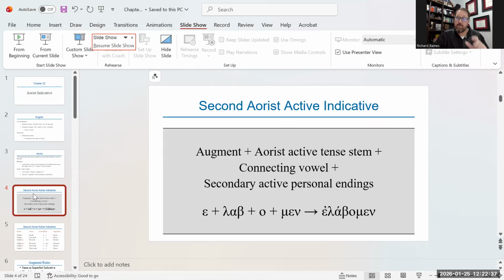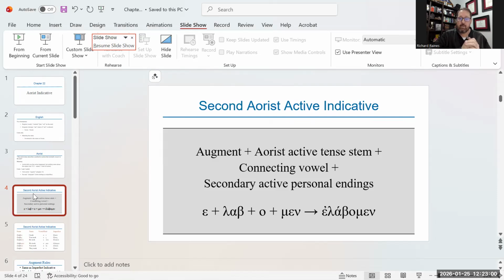So the first thing you're going to look for is the augment, or that prefix, and that prefix is going to follow the same rules as the imperfect. We'll look at those rules in just a minute in a couple of slides. But you're going to have an augment. In this case, if you look down at the bottom of the slide, you see the epsilon. So you have the augment, that's the epsilon.